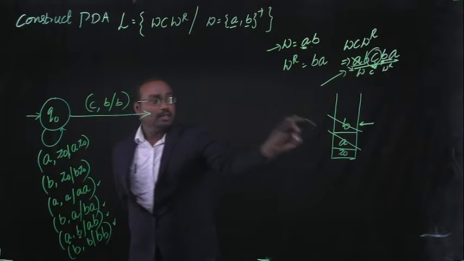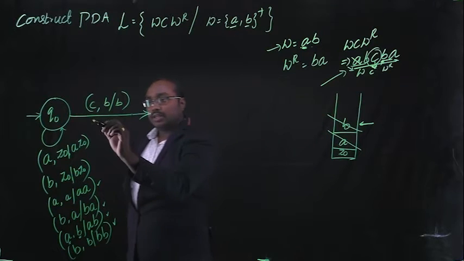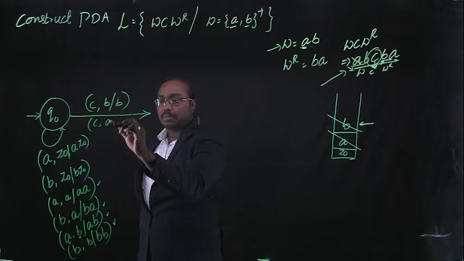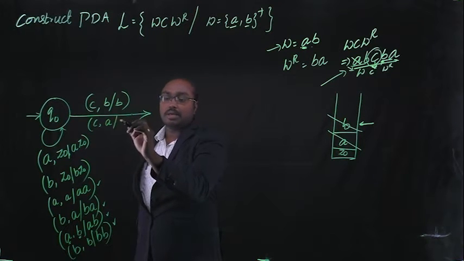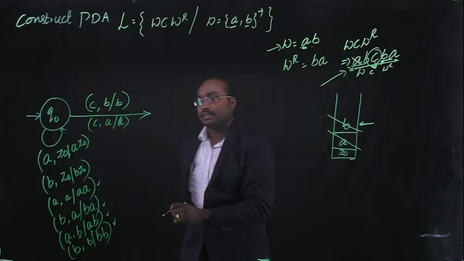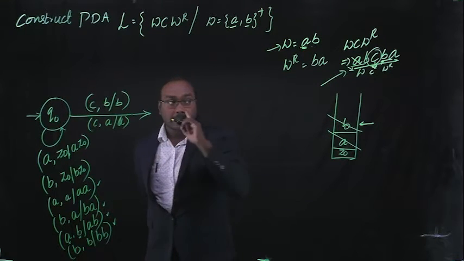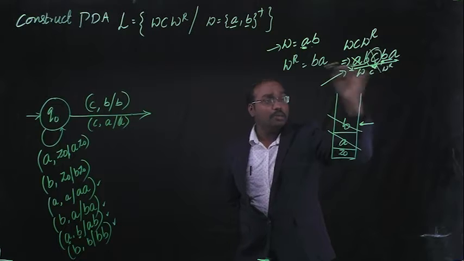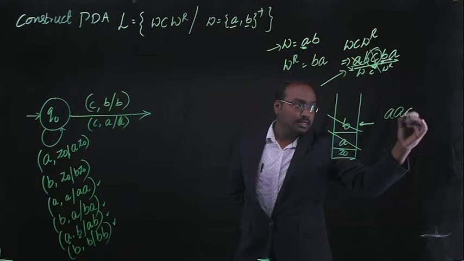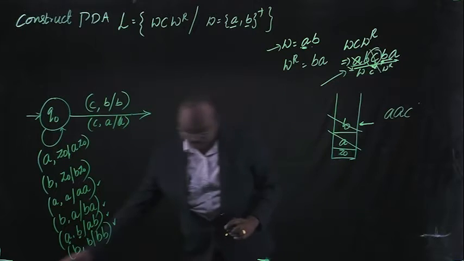So here there are two possibilities. If the input symbol is C and the stack's top is A or B, then leave that element as it is. So now this step is also completed.